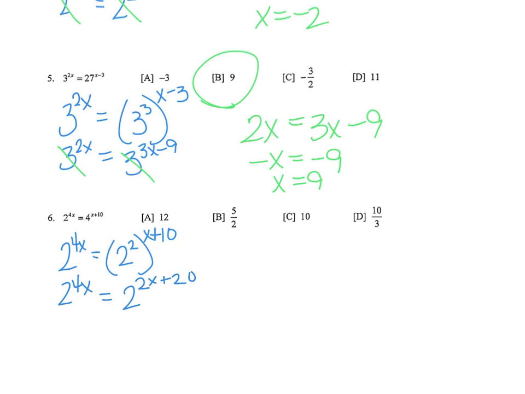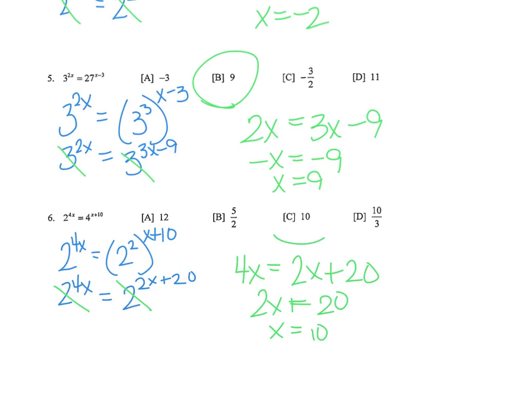Bases are the same. Get rid of them, and your new equation is 4x equals 2x plus 20. Solve for x. 2x equals 20, and x is 10. C.